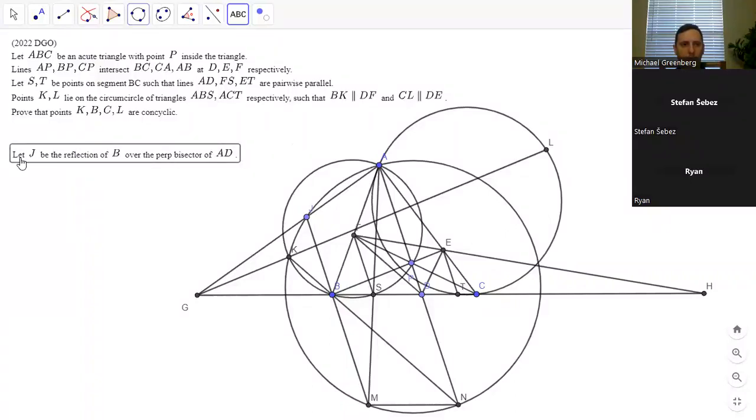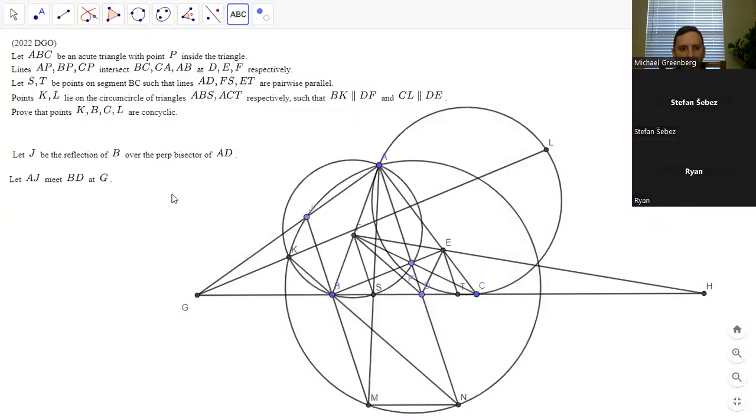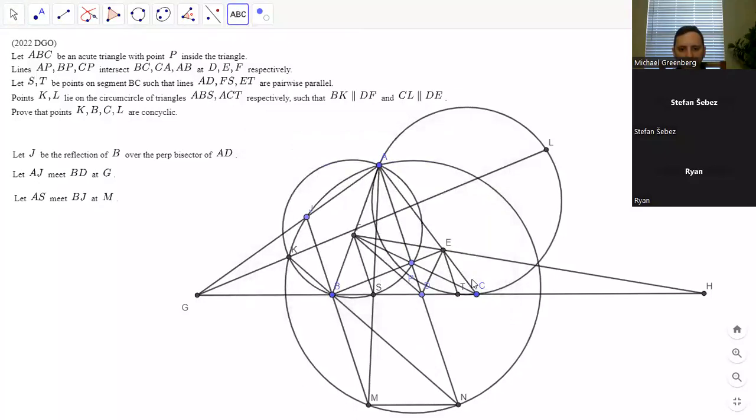Let AJ meet BD at G. And let AS meet BJ at M. And let AD meet BK at N.